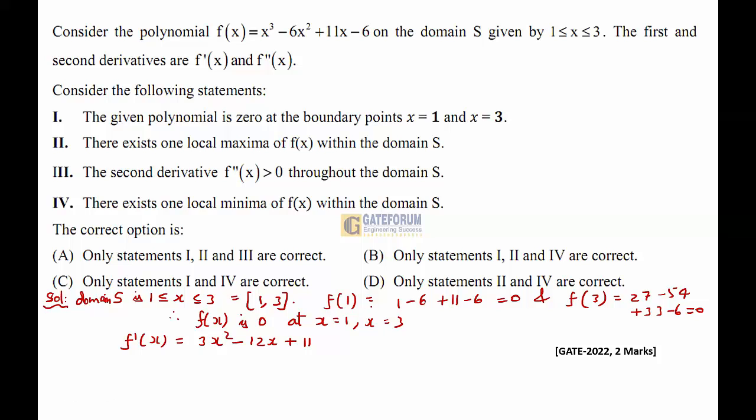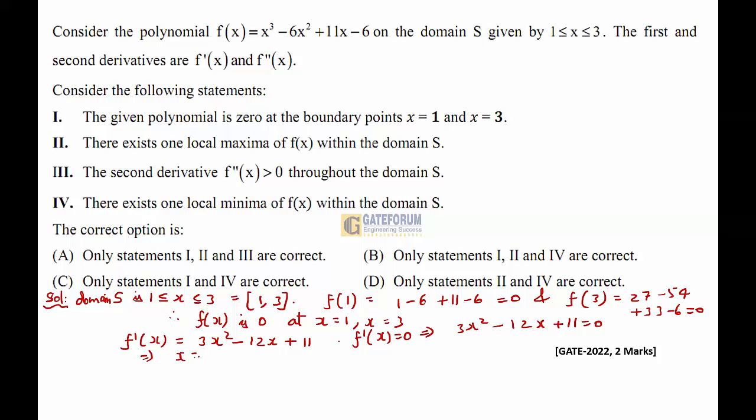That is, we have to find the stationary points. f dash x equal to 0 gives 3x square minus 12x plus 11 equal to 0, which is a quadratic equation in x.